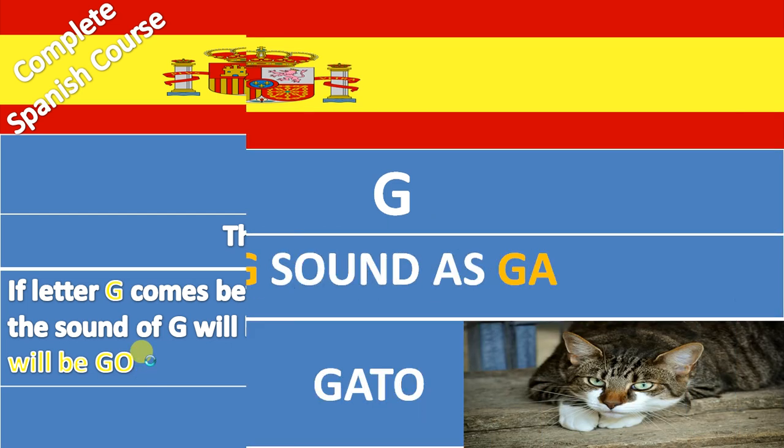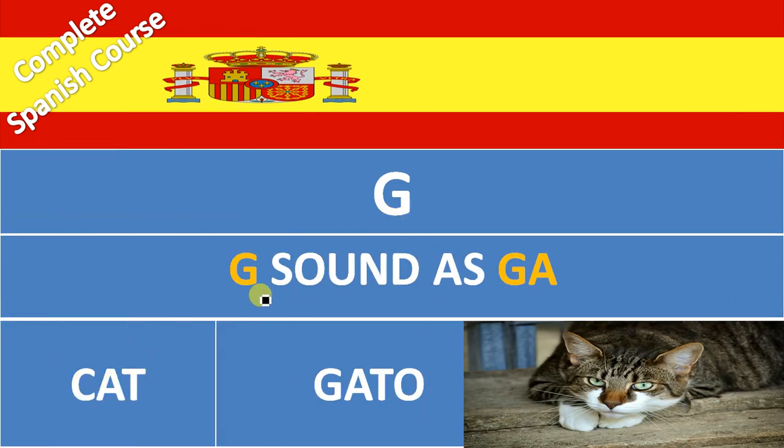The example is G sounds as ga. Cat. In English we say cat, but in Spanish we say gato. The sound of this G is ga. Why? Because G is coming before the letter A. Gato means cat.